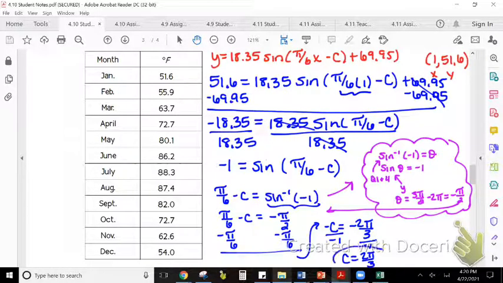Now that we know our c value, we can go back in and write our equation. I'm going to do that right underneath where I wrote the equation in red up at the top here. So let me erase some of this up here so I have some room.